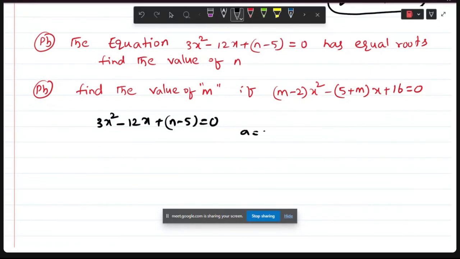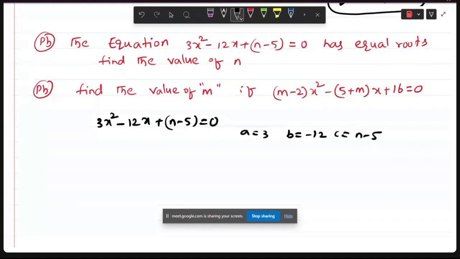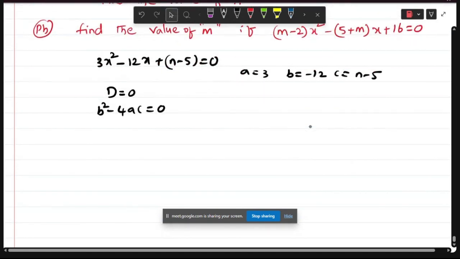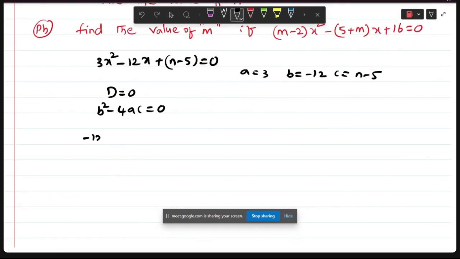What do equal roots mean, sir? Here a is equal to 3 and b is equal to minus 12, c is equal to n minus 5. So equal roots means the discriminant is equal to 0. b square minus 4ac is equal to 0. Then b square means minus 12 whole square minus 4 into 3 into n minus 5 is equal to 0.